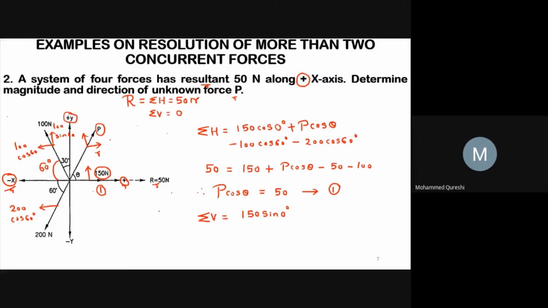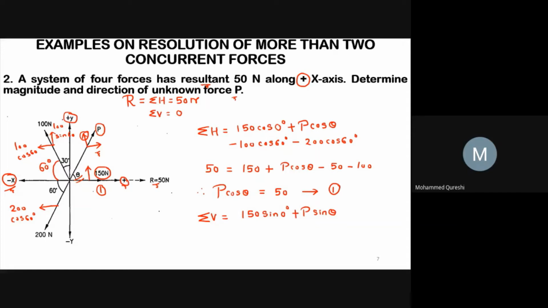Then the vertical component of P, P sin theta, making an angle theta with the horizontal, going upward, so plus P sin theta.